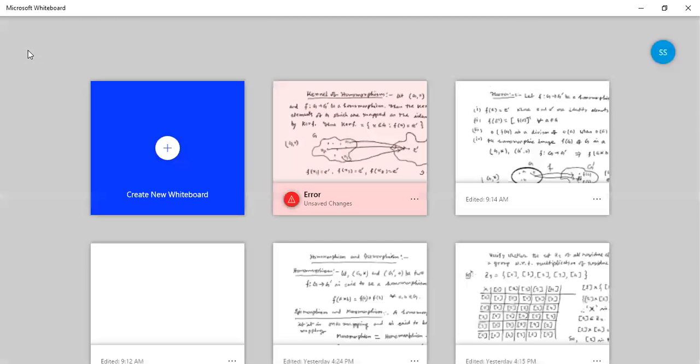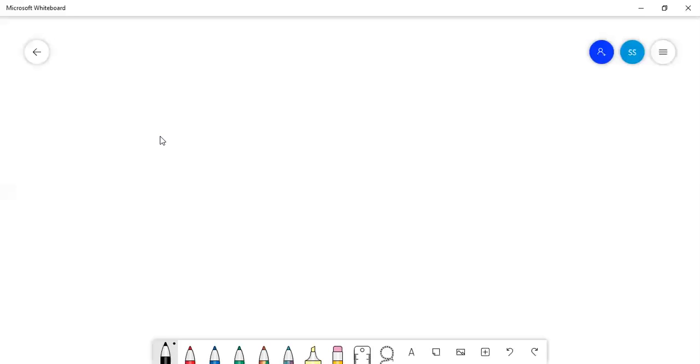isomorphism. Let G with operation and G dash with star be two groups.